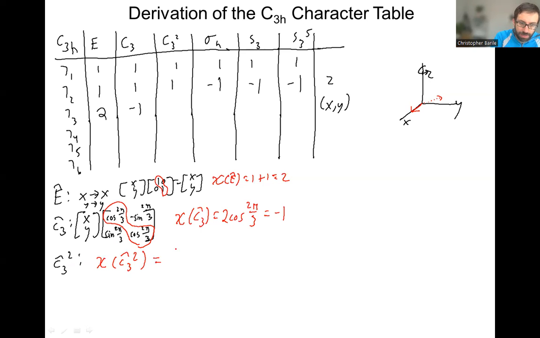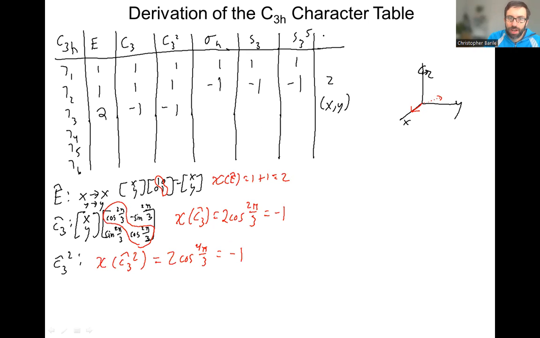The chi is going to be equal to not 2 cosine 2 pi over 3, but 2 cosine 4 pi over 3. That's a 240-degree rotation. And so in terms of our unit circle, that brings us to the bottom left of our unit circle. So that's also negative 1/2. So 2 times negative 1/2 is negative 1.